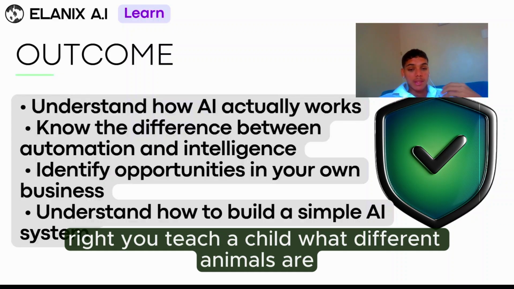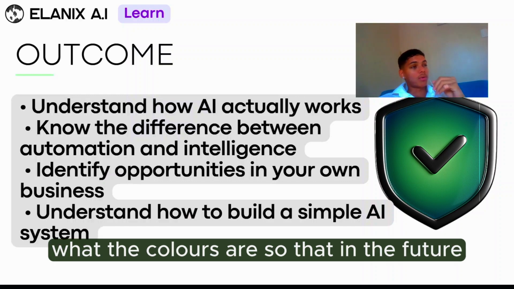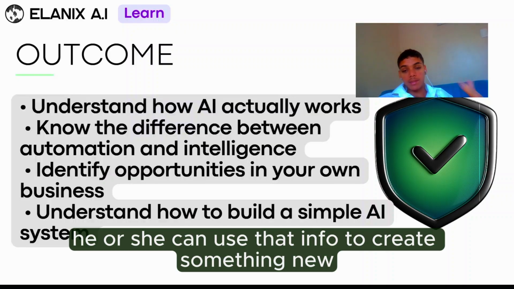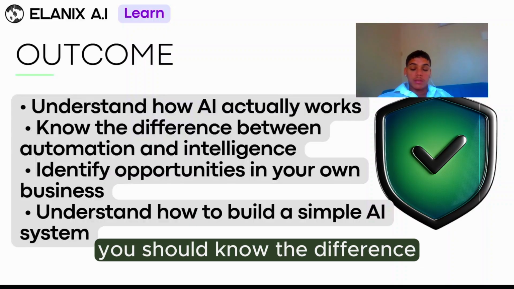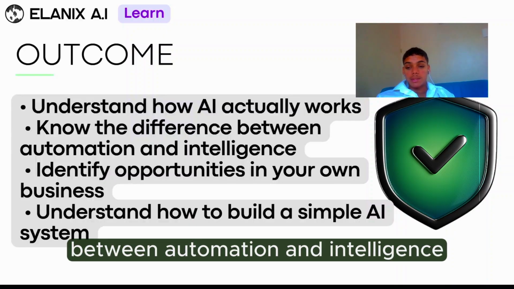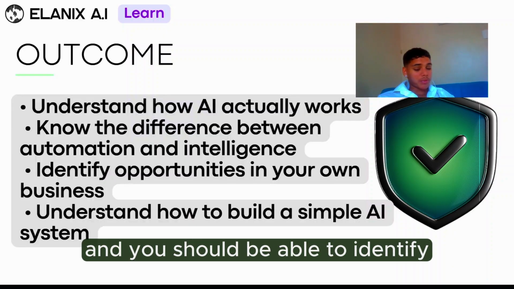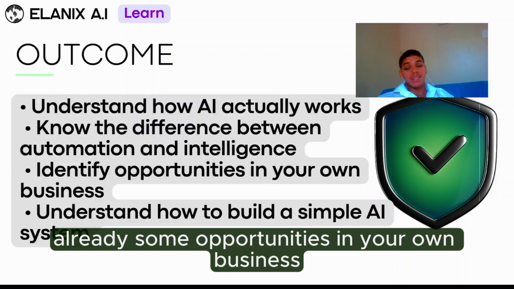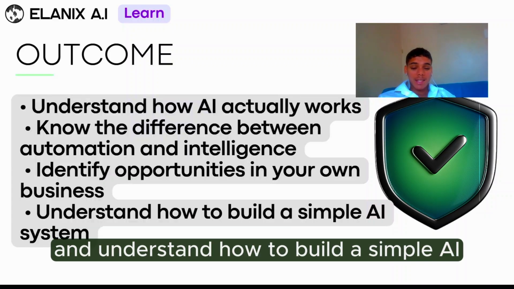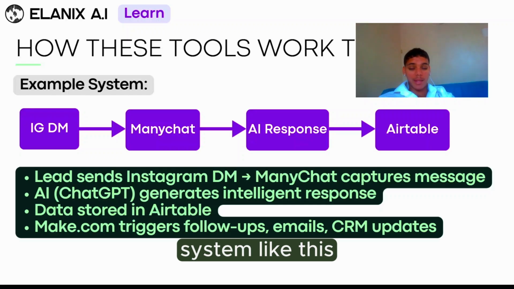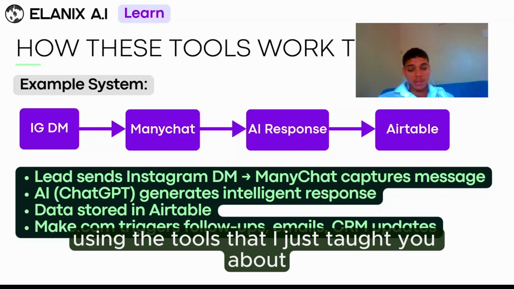You teach a child what different animals are, what the colors are, so that in the future he or she can use that info to create something new. You should know the difference between automation and intelligence, and you should be able to identify already some opportunities in your own business and understand how to build a simple AI system like this using the tools that I just taught you about.